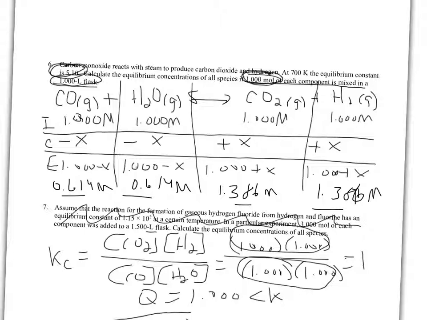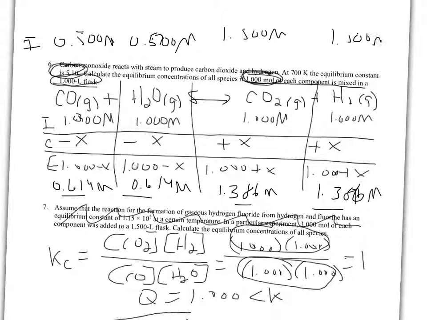And so again, how this problem would vary if the initial conditions were different, well, let's just pretend that we were given an initial concentration for carbon dioxide, or sorry, carbon monoxide. Let's say for the reactants we were given 0.500 moles per liter, and for the products, let's say we were given 1.500, just to change things up.